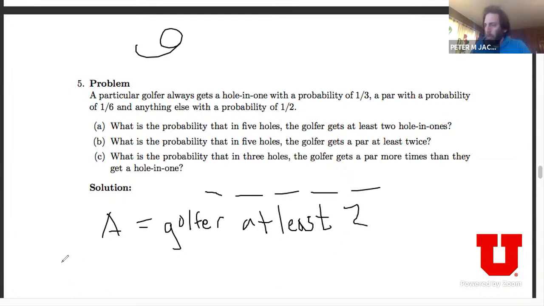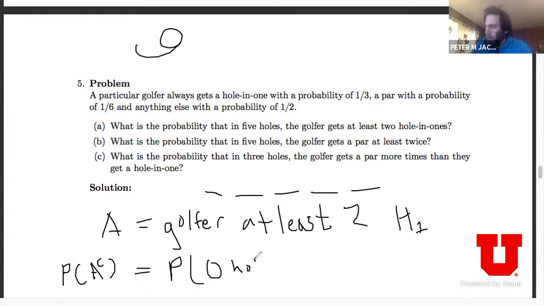So we're going to compute the probability of A complement, and that's going to be a little bit easier. This is the probability of 0 holes in one, or 1 hole in one. And those are disjoint events.